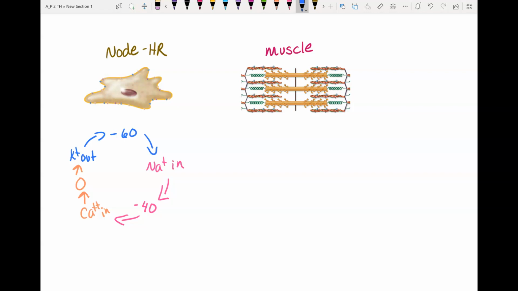Then we have our muscle. It works because you have calcium from your sarcoplasmic reticulum plus calcium that enters through your calcium gates from outside the cell.